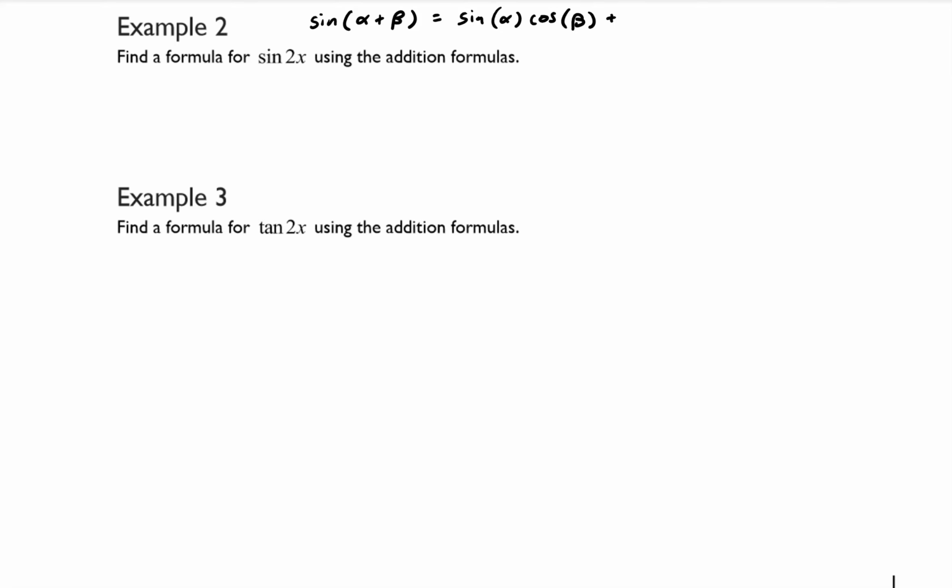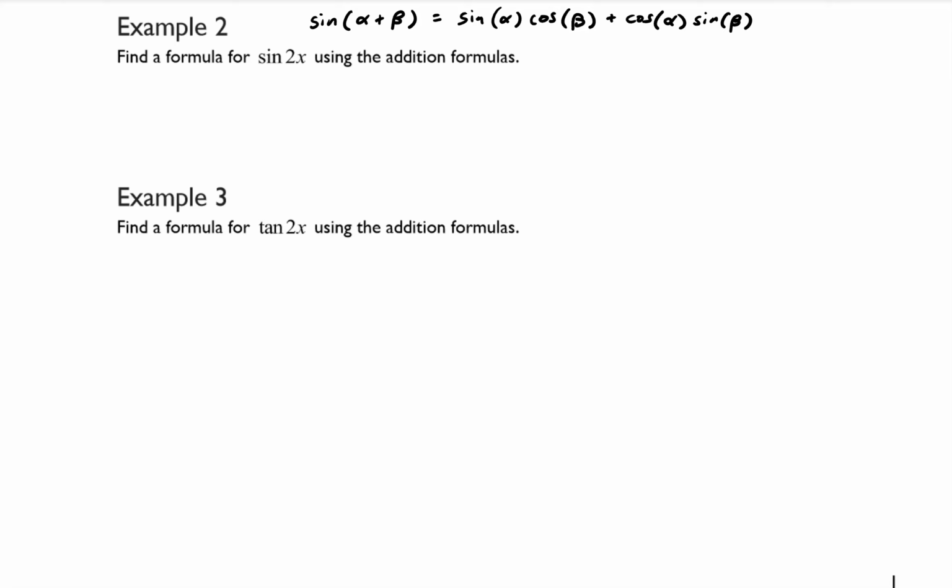And because it starts with s, we have same sign, so sine of alpha times cosine of beta plus, no, that's not right. Sine, cosine, cosine, sine. So cosine of alpha times sine of beta.